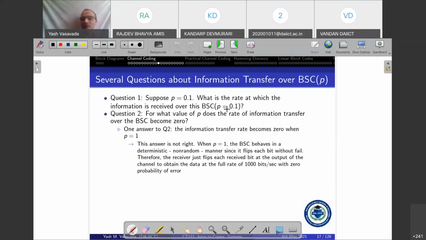It becomes very deterministic actually. So all that the receiver has to do, like what Vandan said, is just flip each received bit back. And so it will get all of the 1000 bits without any error.